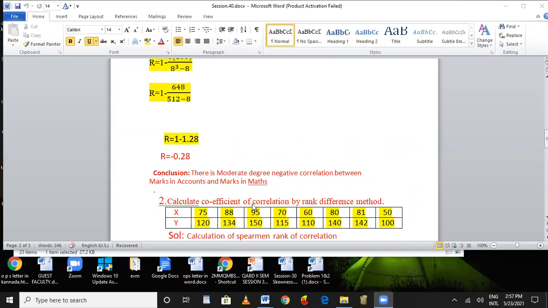Less than 0.25 means it is a low degree of correlation between the first judge and the second judge. So this is how we can calculate the rank correlation coefficient. It is helpful for decisions in many areas.